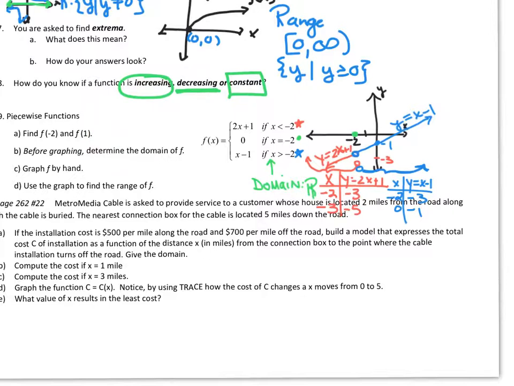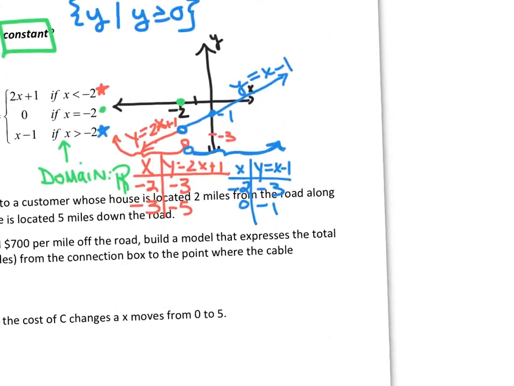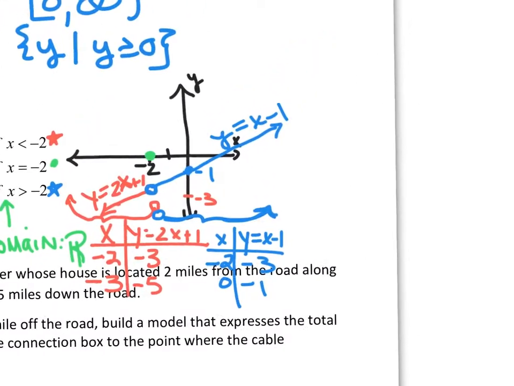We already found the domain of f before we graphed it. So the domain is all real numbers. We graphed it. Use the graph to find the range. Now we look at the graph. The range, remember, is all y values. So you start down here. And what do we get for y values? So I'm going to scoot it over and make it a little bigger so I can use a different color.